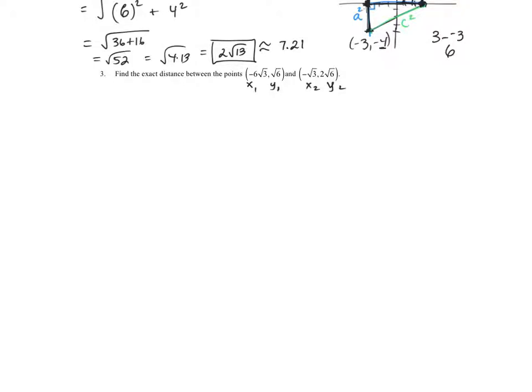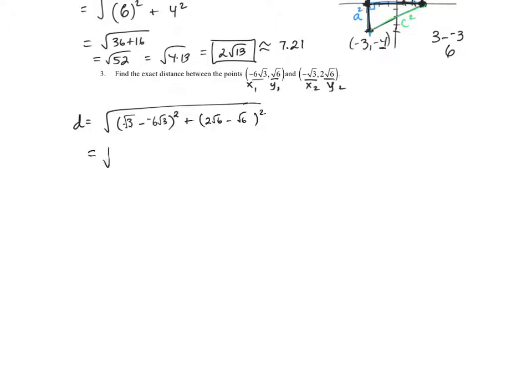All right, so the distance would be the square root of the difference in x's, so negative square root of 3 minus, where did I start, negative 6 square root of 3. And then we take and square that length plus the difference in y's. Okay, so 2 square root of 6 minus, where did I start, which was square root of 6. And we square that side length.